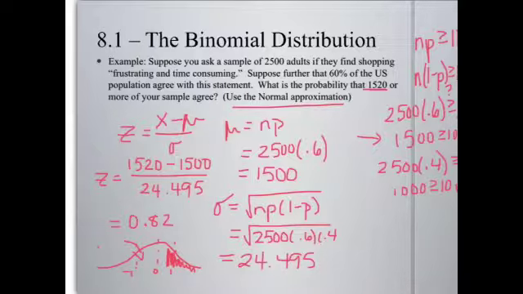This gives me 0.7939. So this area, when I do 1 minus that, is 0.2061. Remember on the last slide, it was 0.213 for a binomial calculation, and we got 0.2061. Pretty close, right, for a normal approximation.